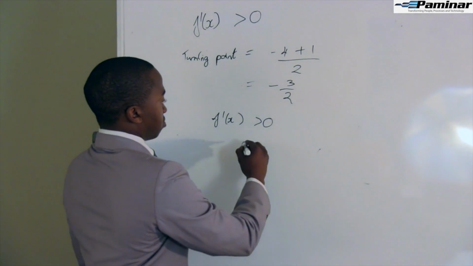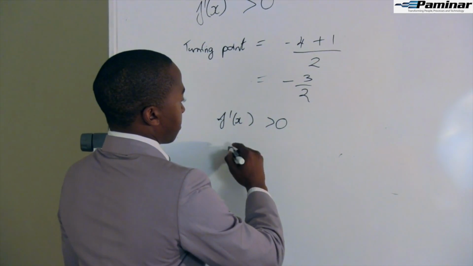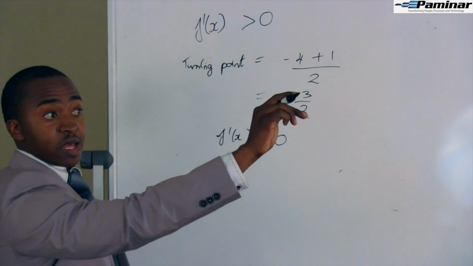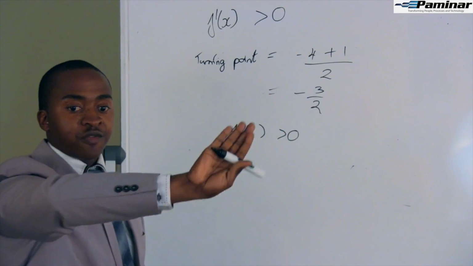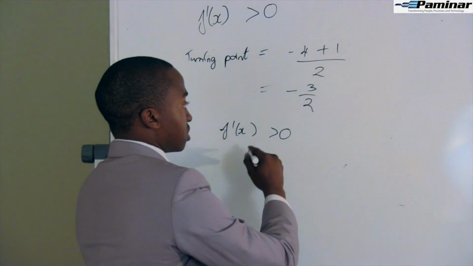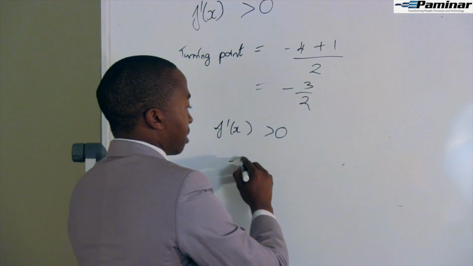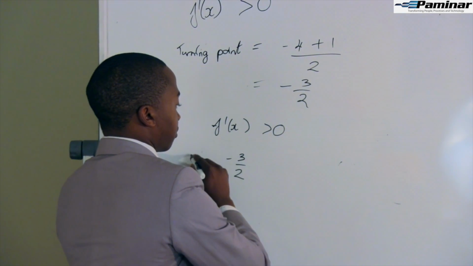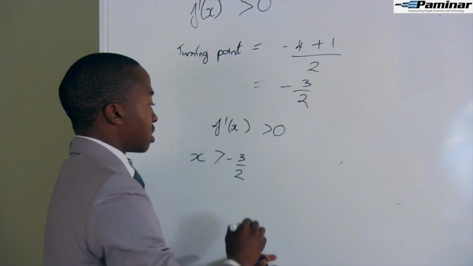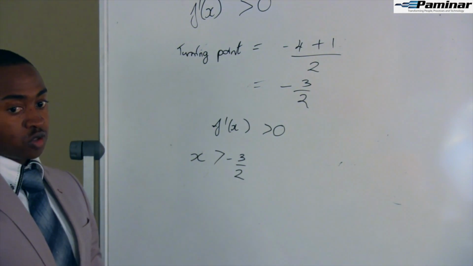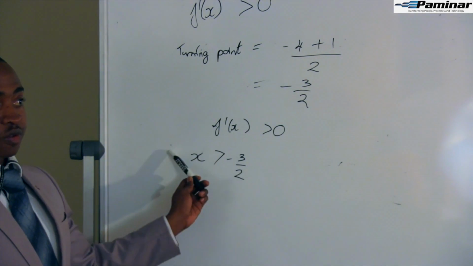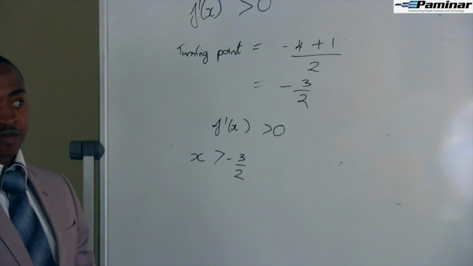Therefore, if you've got x equals -3 over 2 as the turning point, everything to the right of it, in other words any x greater than -3 over 2, based on this theory, should give you the values of x for which this graph is decreasing.